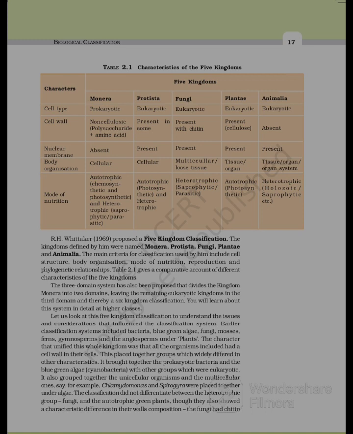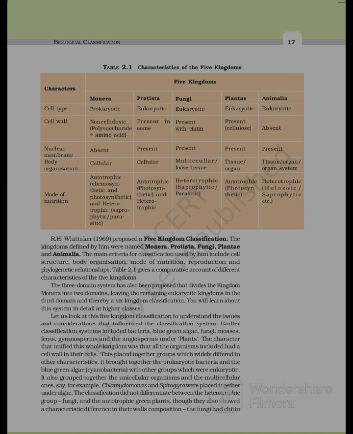For kingdom Plantae, cell type is eukaryotic, cell wall is present (cellulose), nuclear membrane is present, body organization is tissue or organ, and mode of nutrition is autotrophic, which includes only photosynthetic.